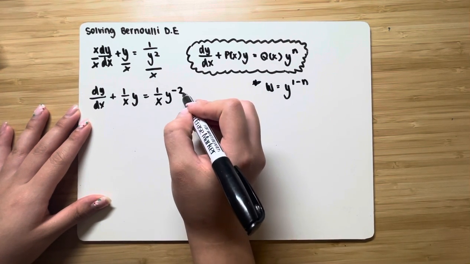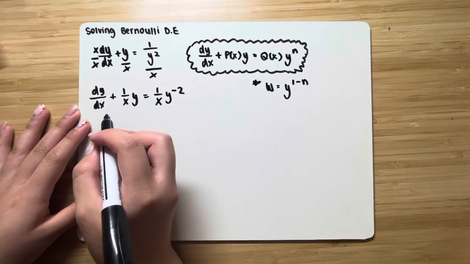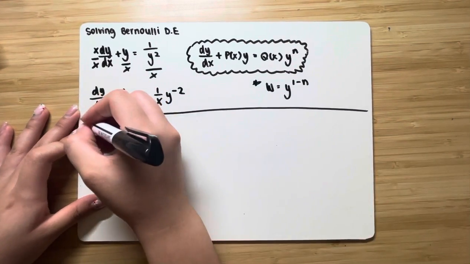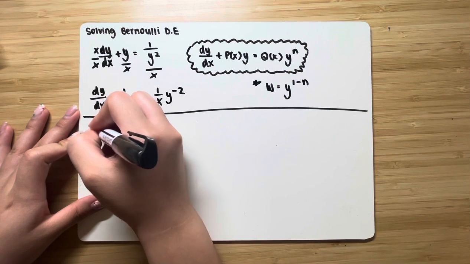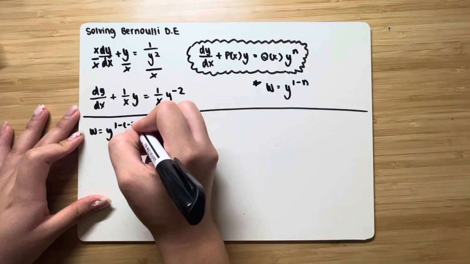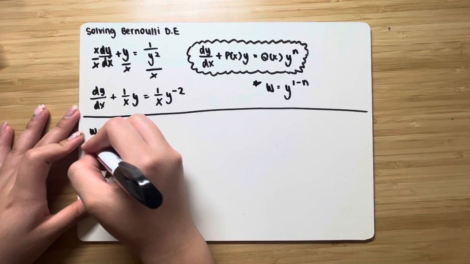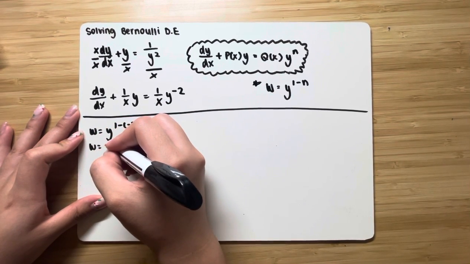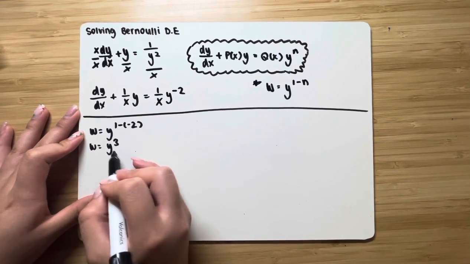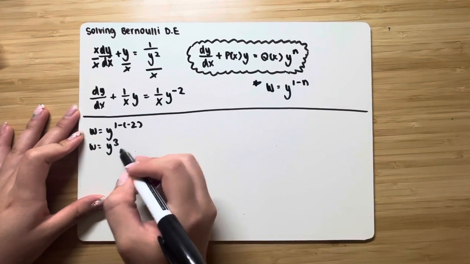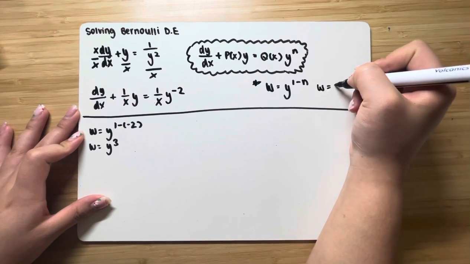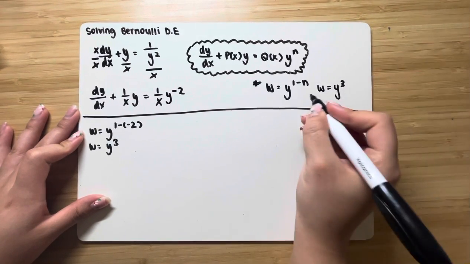So to find w, w is equal to y to the 1 minus negative 2. Which means w equals y to the 1 plus 2, which is 3. So this is w. Let's put this aside. So w equals y to the third power.